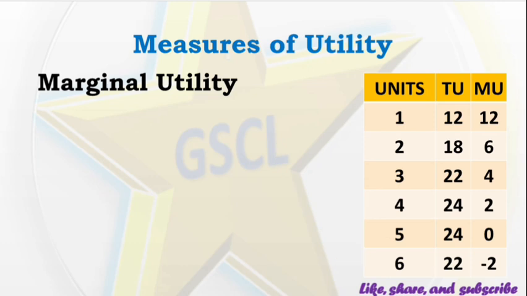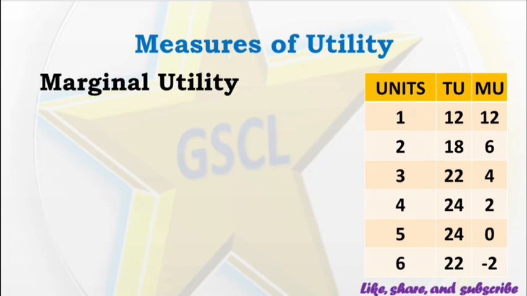Still, if he or she continues, the marginal utility drops to negative. After consuming the sixth unit of mangoes, the consumer's total utility starts to decline to 22 utils. He or she feels enough of it and no more, "I don't need it."